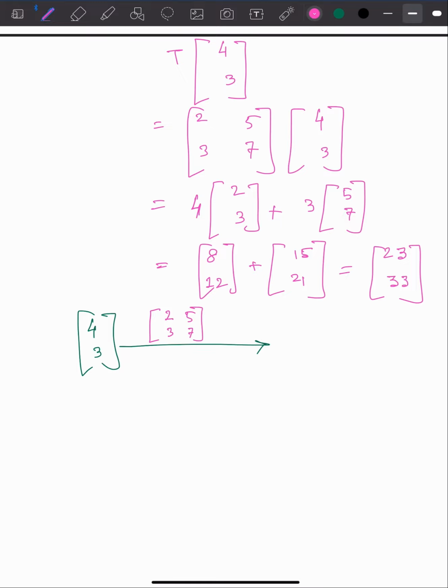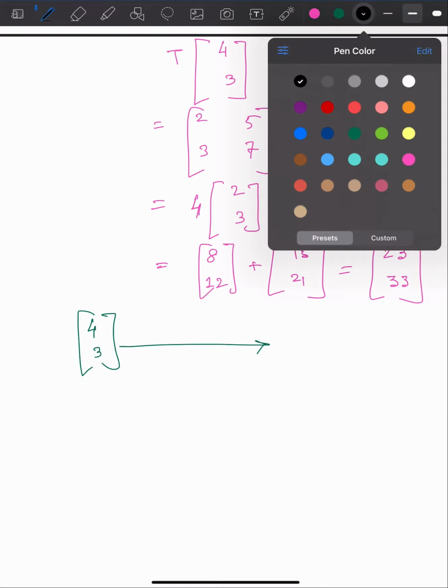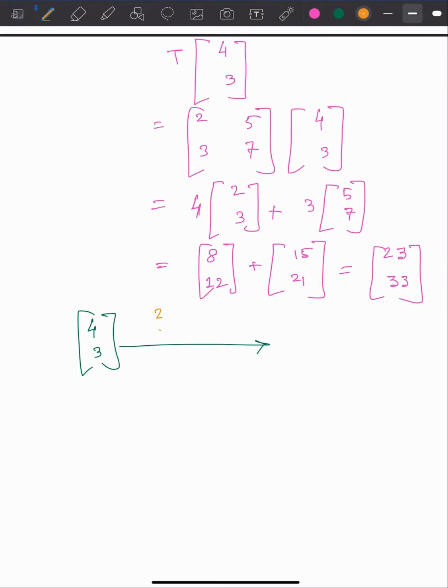I am showing it in this way. Let me change the color to better understand. Let me take yellow: 2, 3, 5, 7.